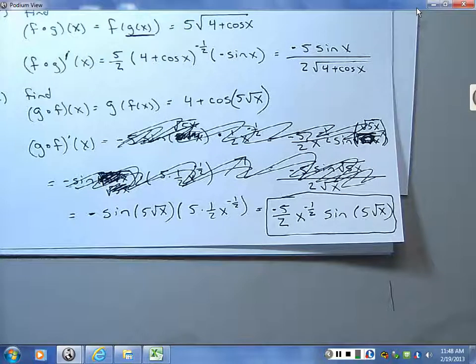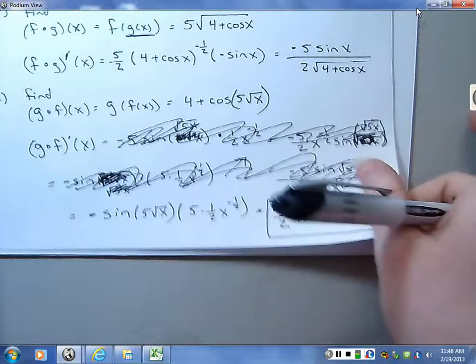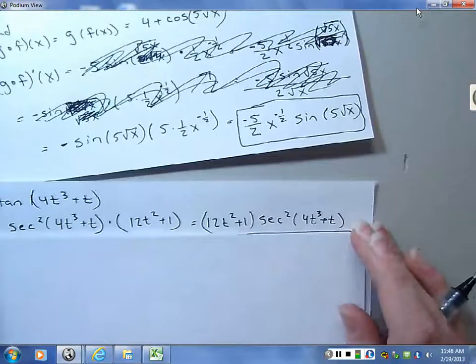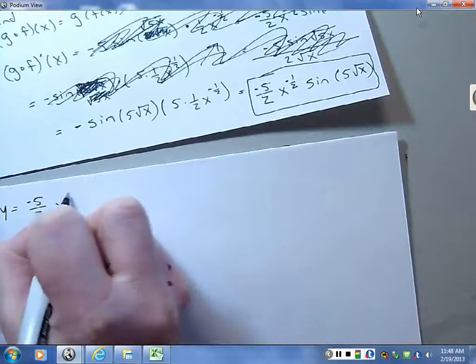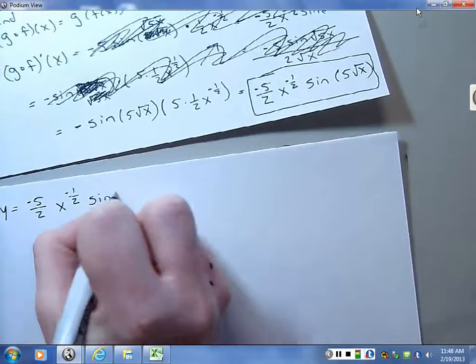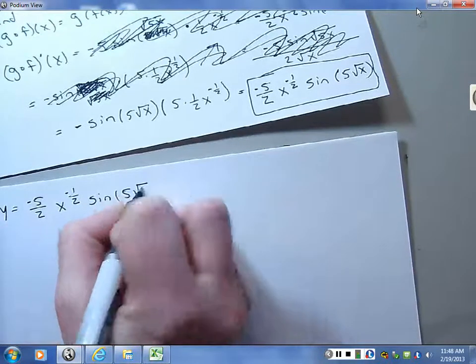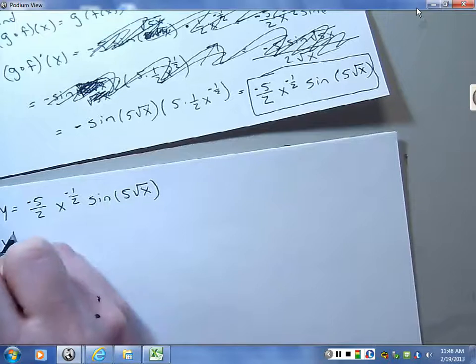Yeah, so we have the last couple minutes, and let's say we have to take the derivative of this again. So let's say we are given a function y equals minus 5 over 2 x to the minus 1/2 sine of 5 square root of x. And I want to find the derivative of this function.